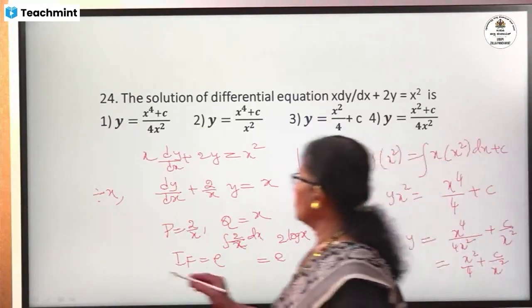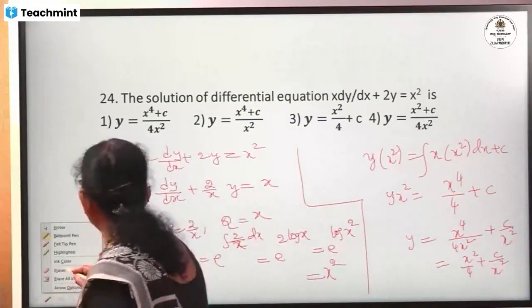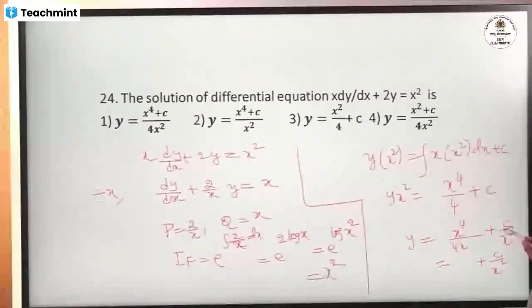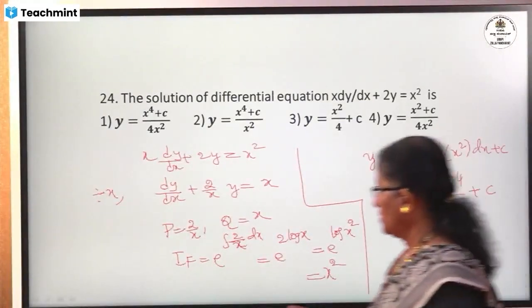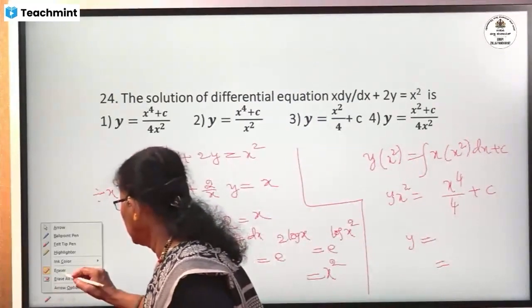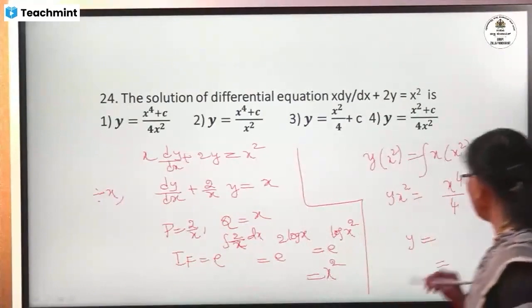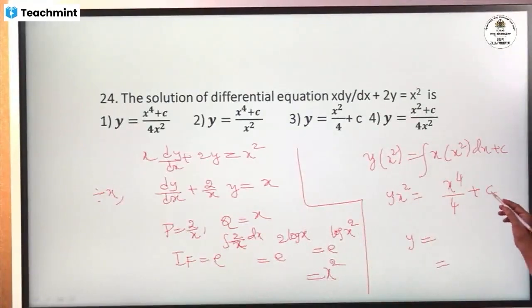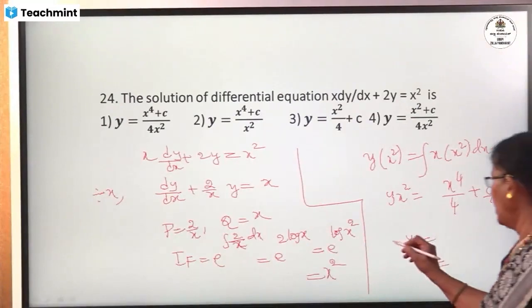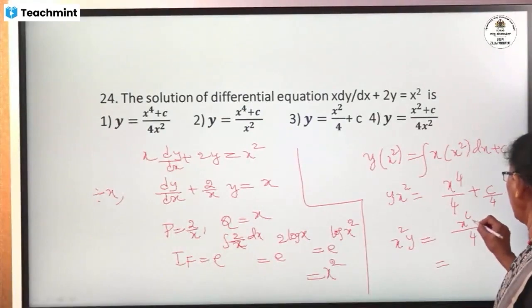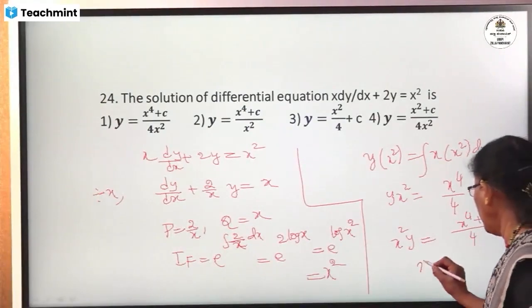So that means you have to make some changes in your solution. What changes will you make? You can rewrite the solution, choice is yours about c. Instead of writing c, you write it as c by 4. So can you see that x squared y, you can write it as x power 4 plus c. Now what will be your y?